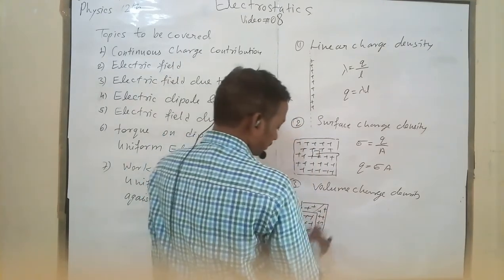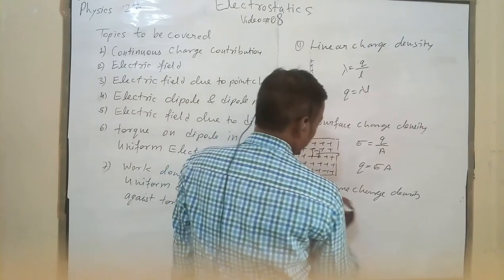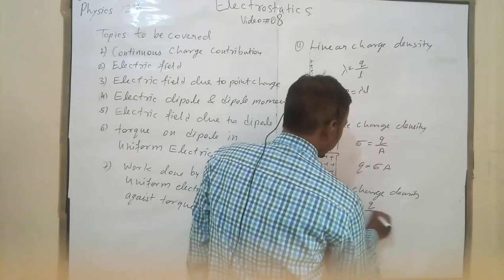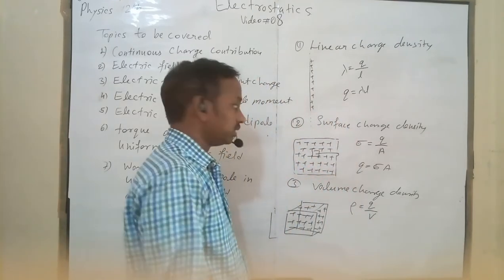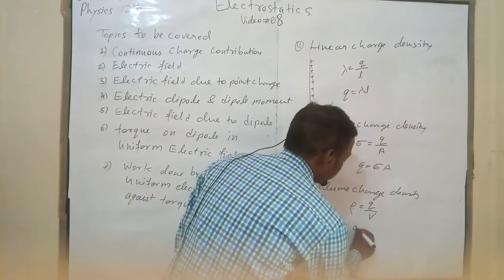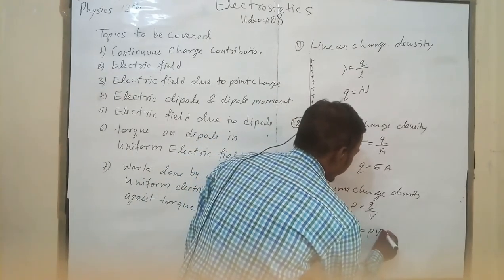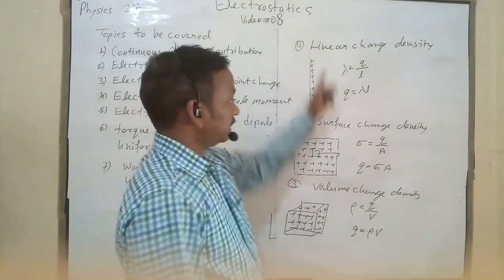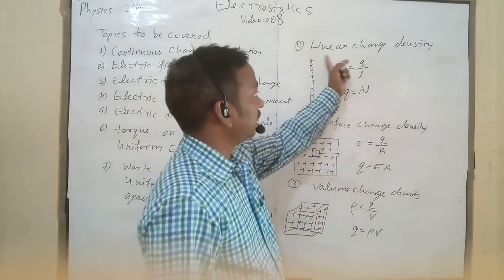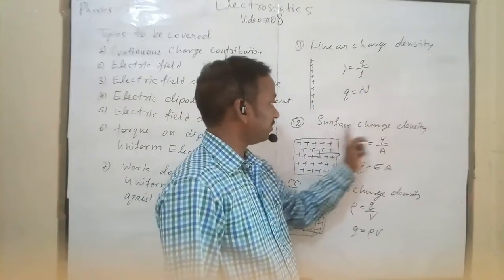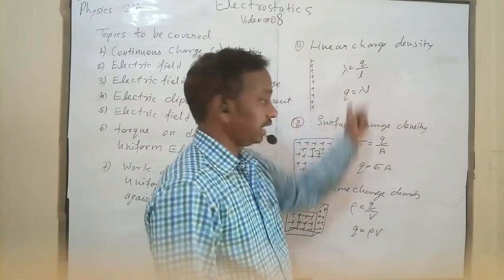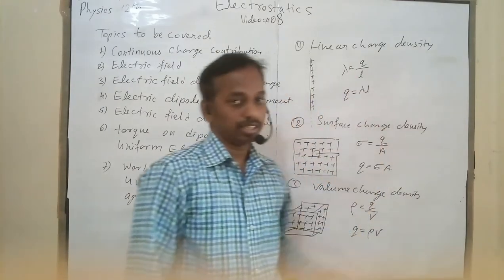Consider a unit volume, and volume charge density, that is rho, equal to charge per unit volume. So how can you find the charge? Q equal to rho times V. These three types are continuous charge density. First linear charge density, second surface charge density, third volume charge density. And here is the formula of all three types.